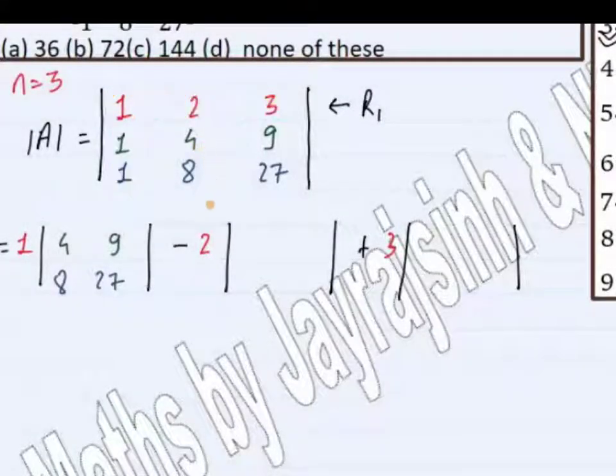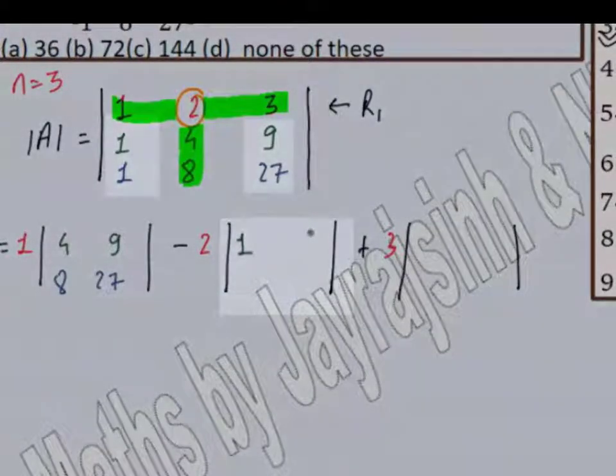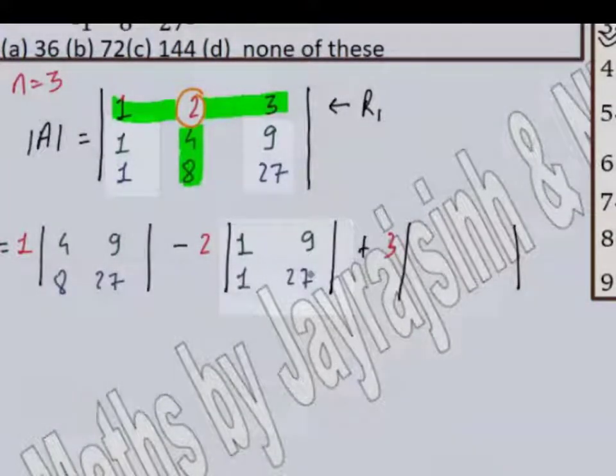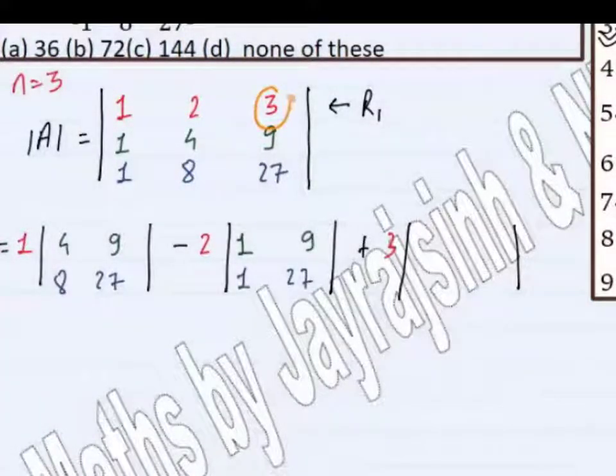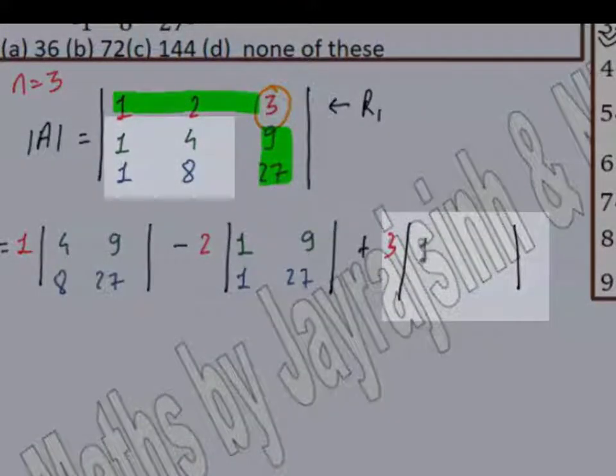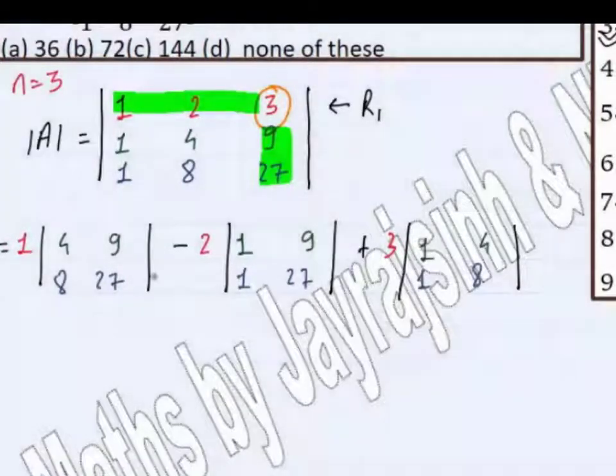Then for the next determinant we have to ignore first row second column. So 1 9 and 1 27. Finally for last determinant we have to ignore first row and last column. So here we'll get 1 4 1 8. Right, now we just have to cross multiply.